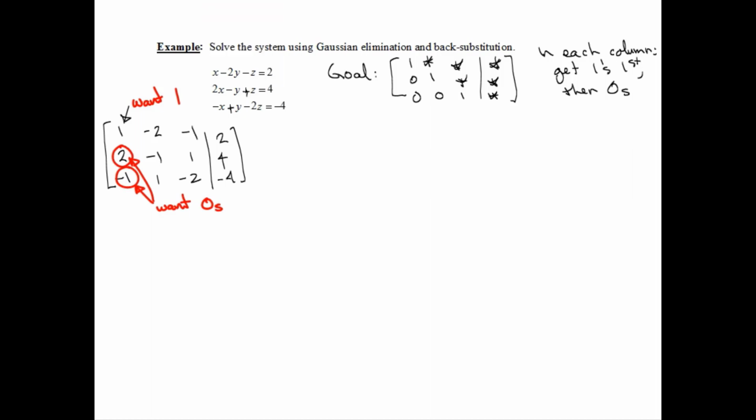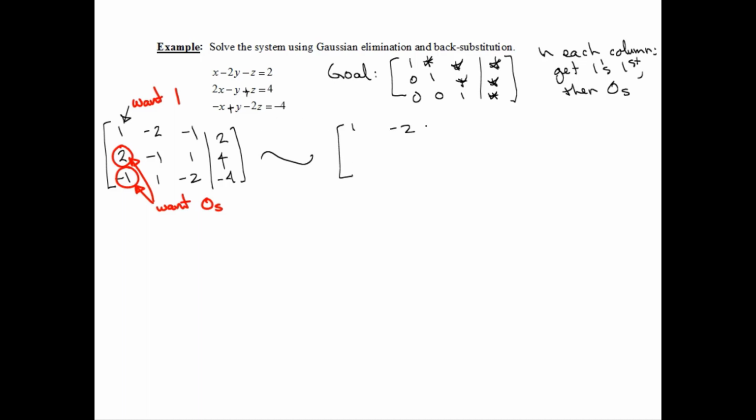Now, you can do this in two separate steps, but since they're going to be done independently, the way I get the 0 in the second row is not going to affect anything in the third row. I can actually do these in one step if I want, and that's what I will usually do just to save space. So I'm going to rewrite my first row as it is.